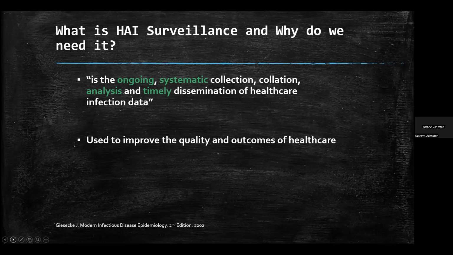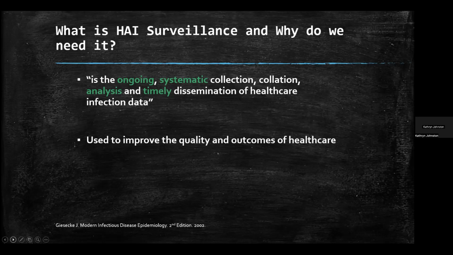The ongoing collection and collation means that it's continuous, not haphazard, and you collect the data or information, and then you group them based on their similarities. The analysis: after the data is grouped, you have to analyze or examine the data, and then the timely dissemination, providing that information, providing feedback to members of the healthcare team and other stakeholders is important.